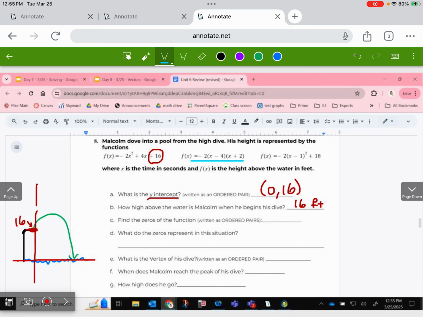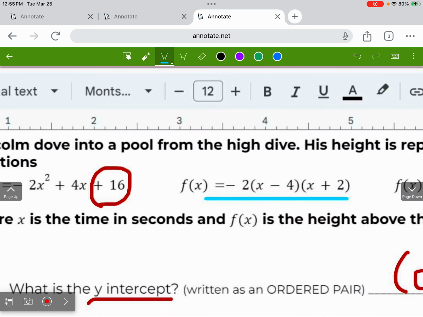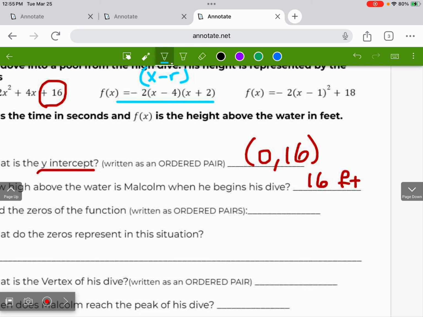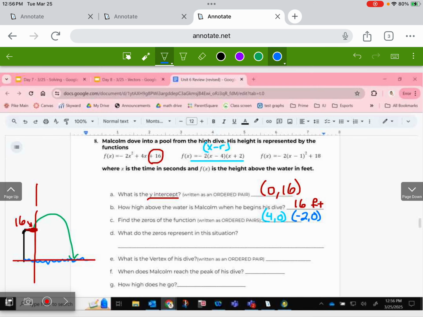This guy right here, and remember that our factored form is always x minus our roots, like this. So our roots, our zeros are going to happen at (4, 0). That's the first one because it uses that opposite sign here. And our second one is going to be (-2, 0).